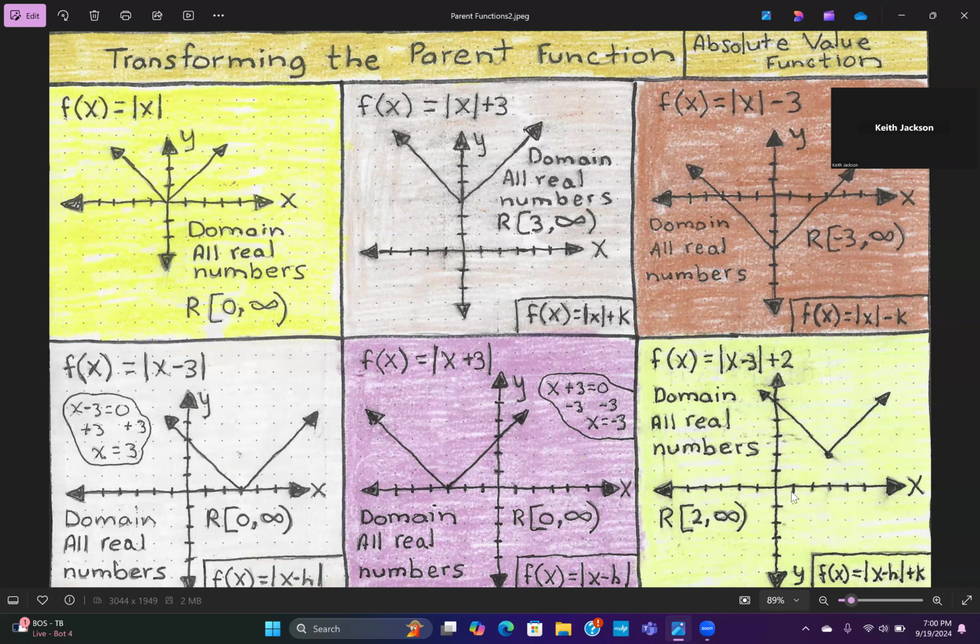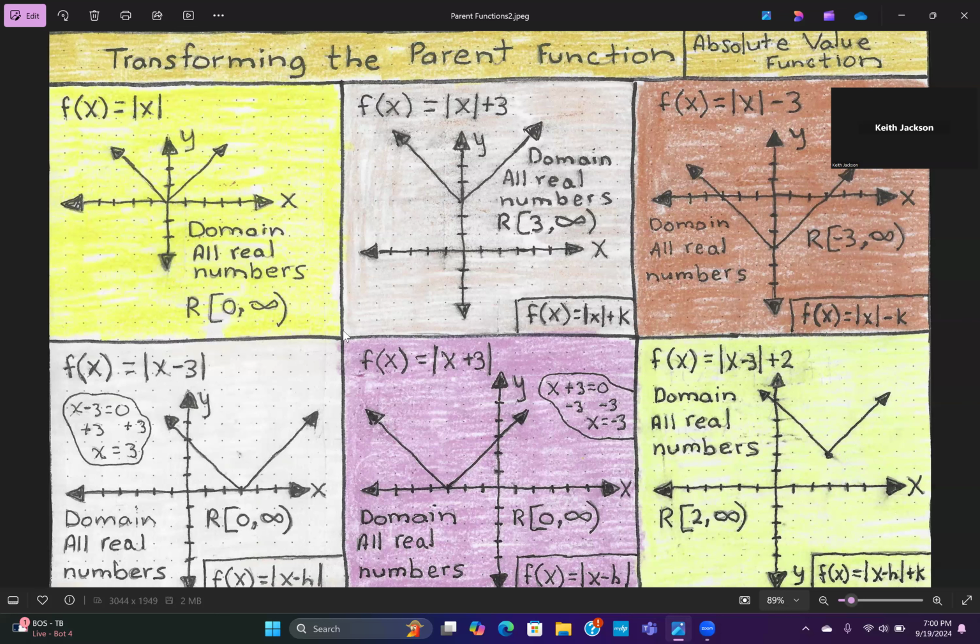And it's going to shift this function over 3 units, 1, 2, 3. And then we're just going to add our k to it, which means that it's a positive 2, which means it's going to shift our absolute value function up 2 units. And so we have 1, 2. And this explains why this absolute value function is in this position right here.